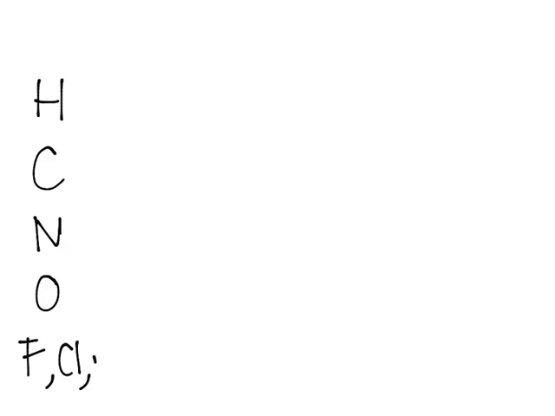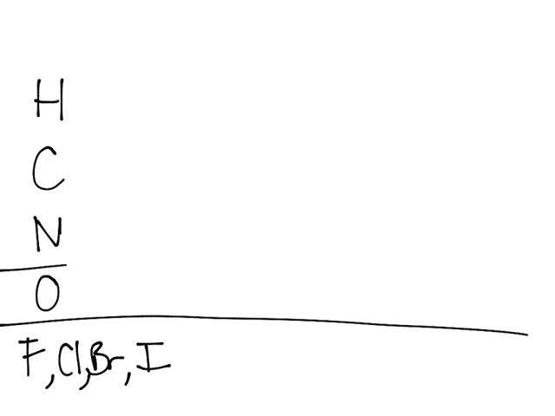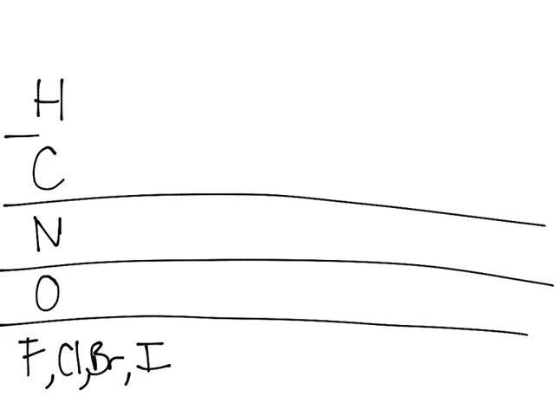So in general, let's talk about a couple of different elements, the most common elements you'll see: hydrogen, carbon, nitrogen, oxygen, fluorine, chlorine, bromine, and iodine. Let's make a little chart.